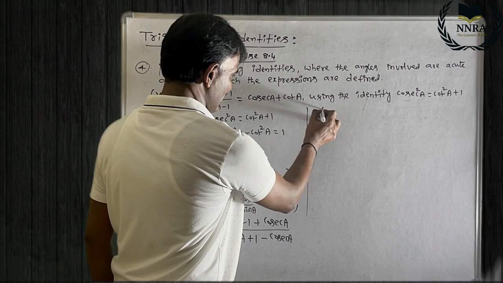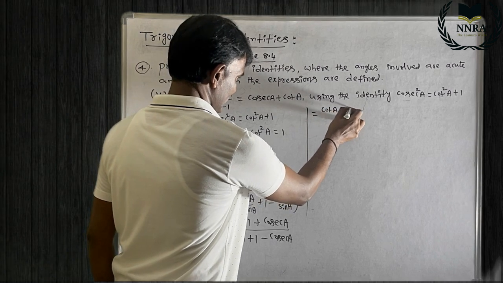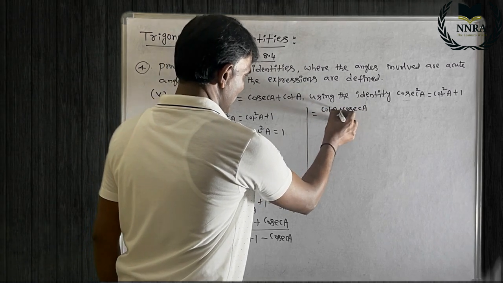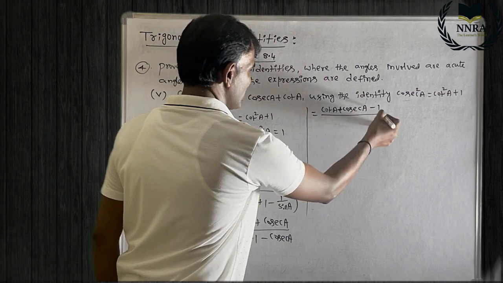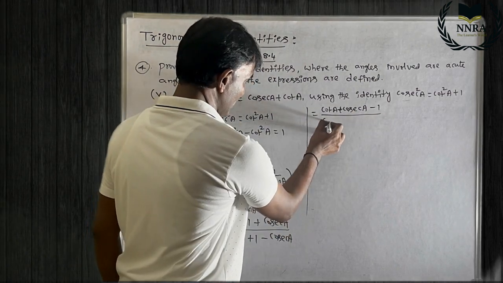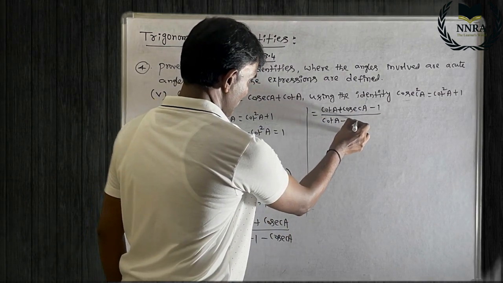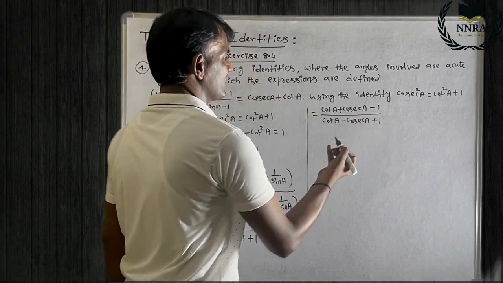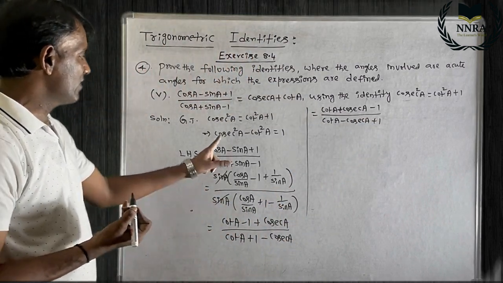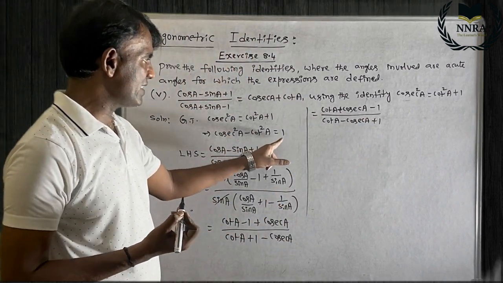What is that? Cot A plus cosecant A, right? Then minus 1. And coming to the denominator, cot A minus cosecant A, clear? Then plus 1.